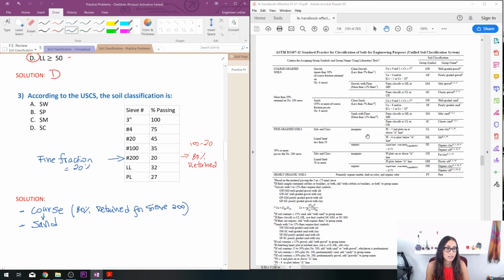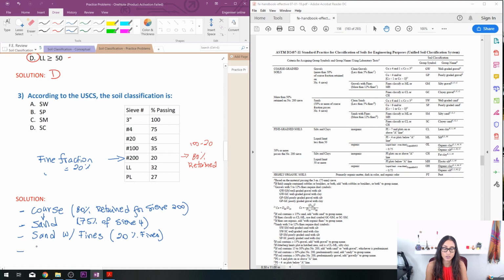So looking at the graph here, I have more than 12% fines. This classifies my soil as sand with fines. So I classified it so far as sand with fines because I have 20% of fines, and we said I have 75% passing sieve 4.